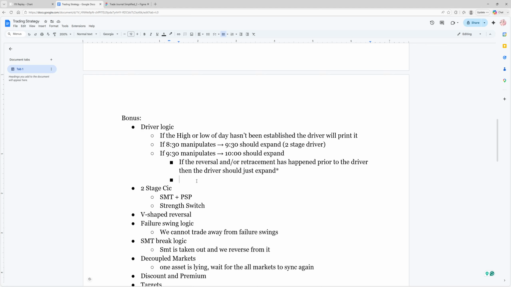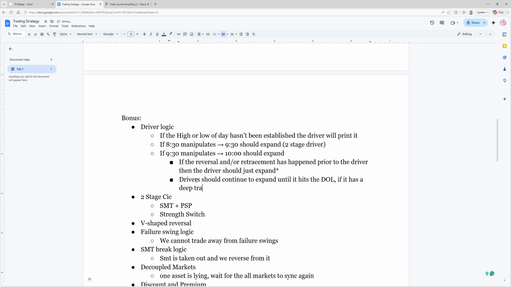So how do I put this? How should I write this? Drivers should continue to expand until it hits the drawn liquidity. If it has a deep retracement, it may be a failed driver, and you should probably be at break even.